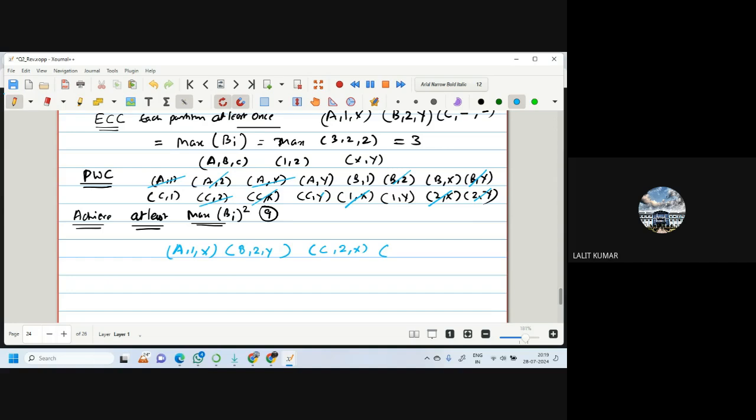Now I start with, for example, AY. A2 has not been achieved, so here A2 will come. I will achieve AY, and 2Y, which has already been achieved. A2 has been achieved, so no problem.